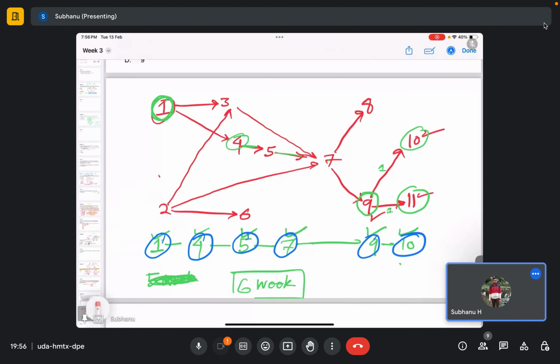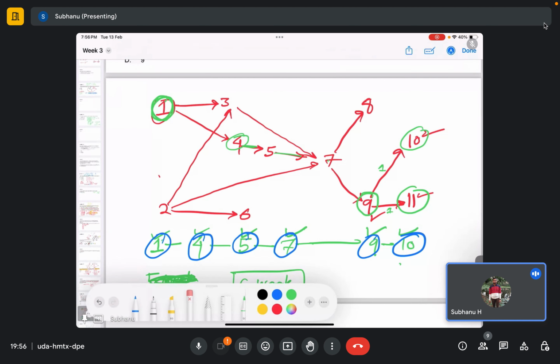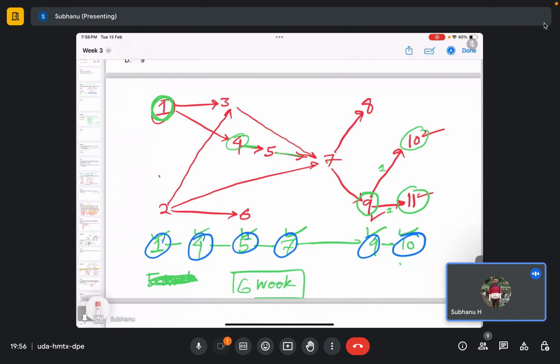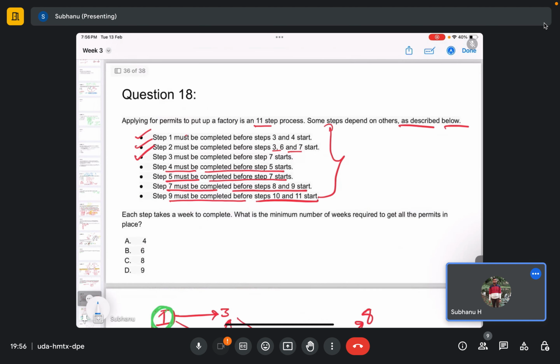So that's why, from node 1 to node 10, including 1 and 10, we have 6 nodes. So that's why we need 6.